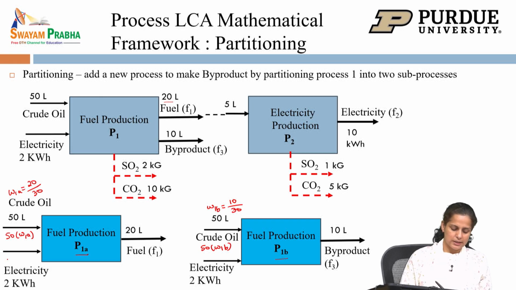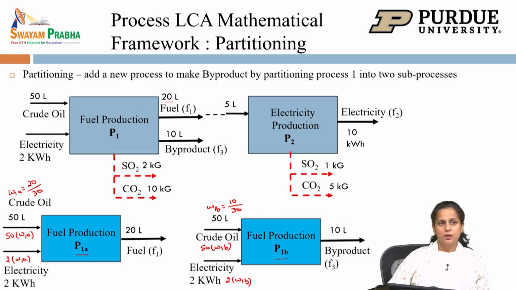Similarly, we will say electricity is 2 times W1A as the input to the fuel production A, which is P1A, and electricity is 2 times W1B, which is the fuel production process B. Now, a similar thing we can do for the emissions as well.